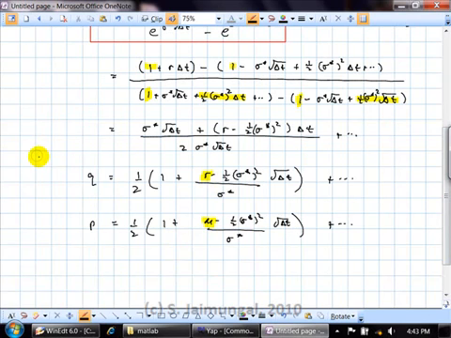Instead of having mu, you get r. The return of the asset, or that should be mu star, I guess. Right? Instead of mu star, you get r. So the risk-neutral probabilities are actually exactly the same as the real world ones, except you have the risk-free rate in place of the drift of the asset, instead of the expected return of the asset. And that makes a lot of sense.